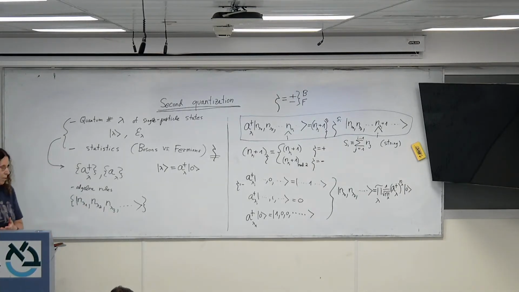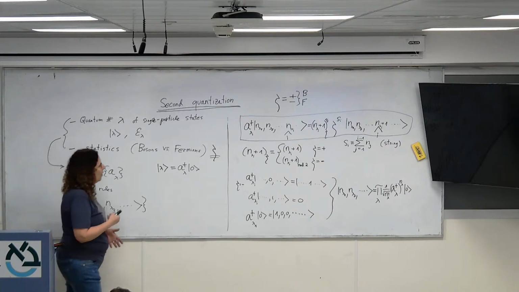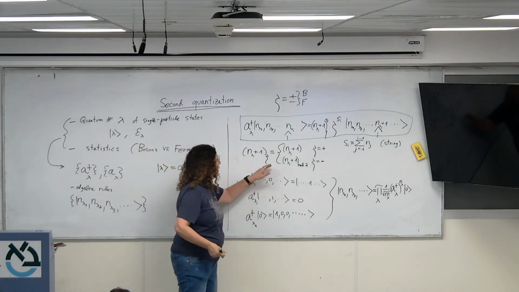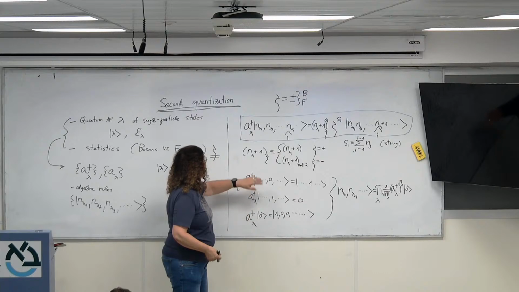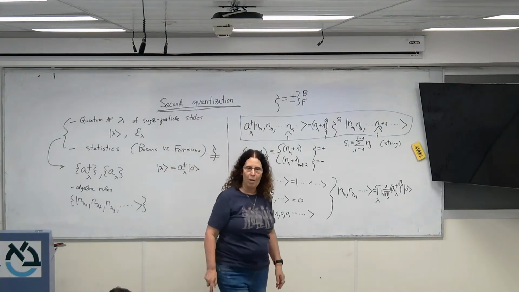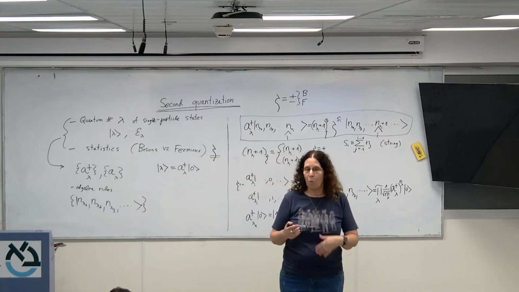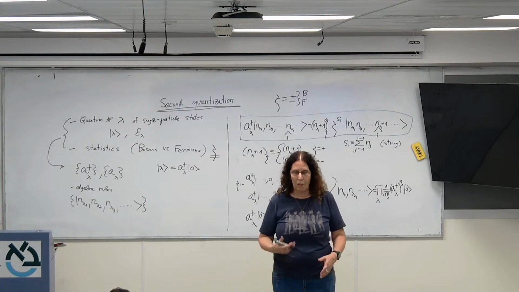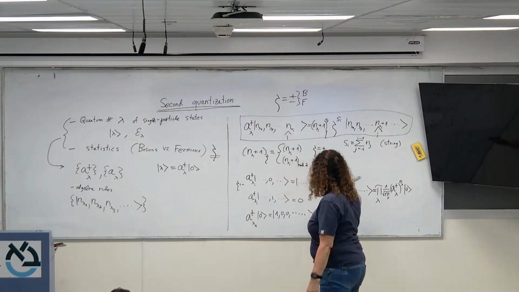Okay, great. So we know how to write our states, but I keep saying that for fermions, in order for all of this to work, you need the a dagger and a to obey some algebra, some commutation laws that are different from bosons and distinguish them and allow to give this.